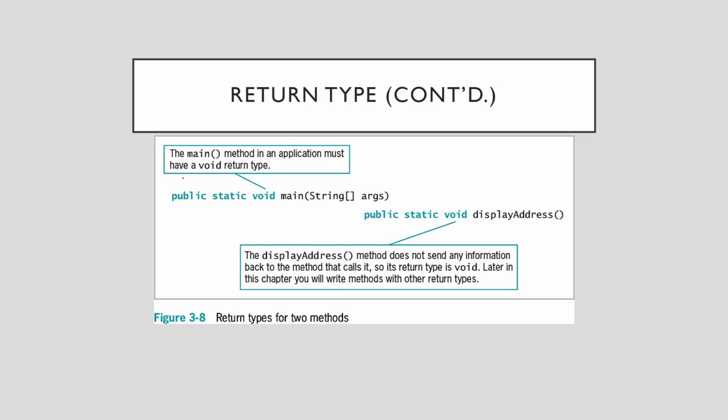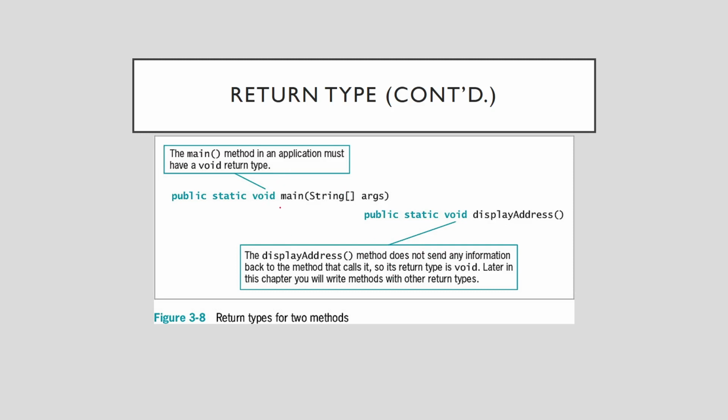Here, in these two method declarations, the main method uses the void return type, and this display address uses the void return type also. So this display address and main method do not send any information back to the method that calls it.